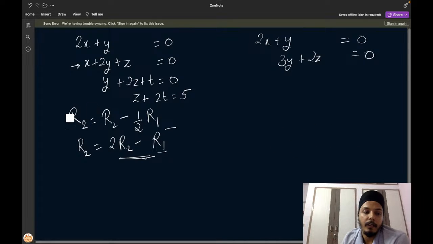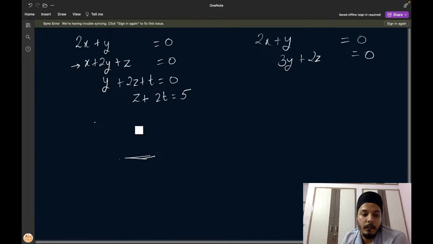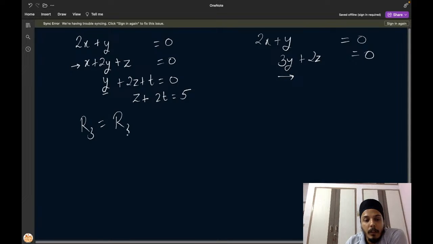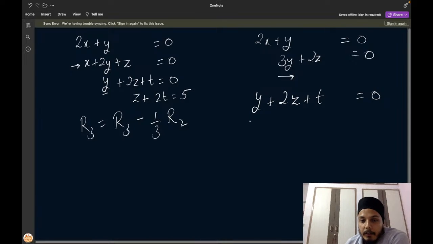Now we will modify our third equation. For R3, we will take R3 minus one third of R2, so that the coefficient of y becomes the same. R3 is y plus 2z plus t equals 0, and one third of R2 is y plus 2z by 3 equals 0.